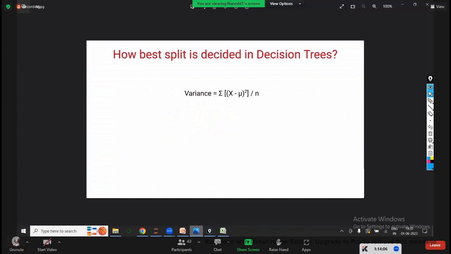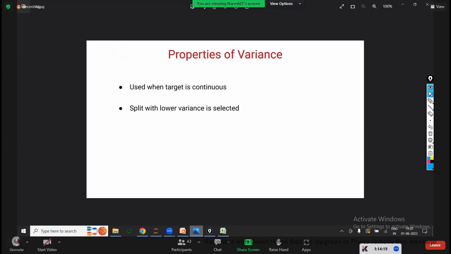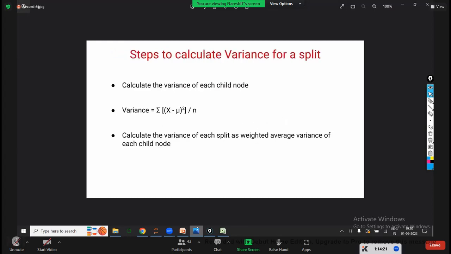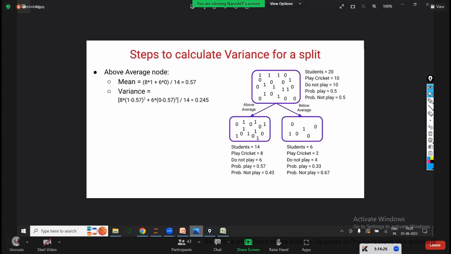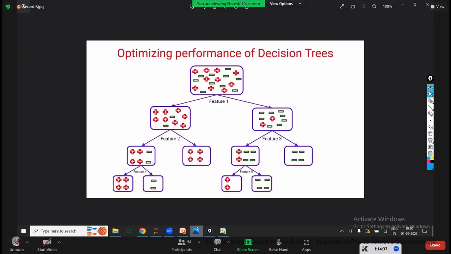We calculate the variance of each one. Whichever variable has the lower variance, that particular variable is the good one. So we are going to focus on the variance. Now in this way, we are going to create the decision trees.